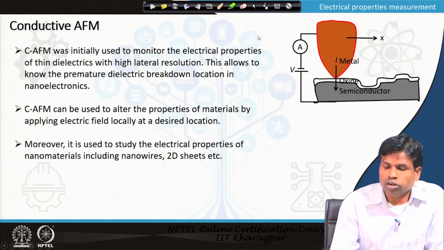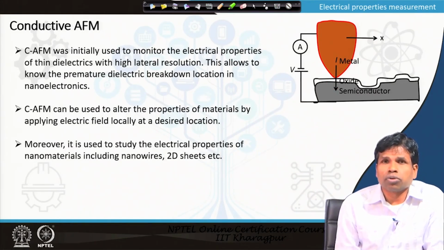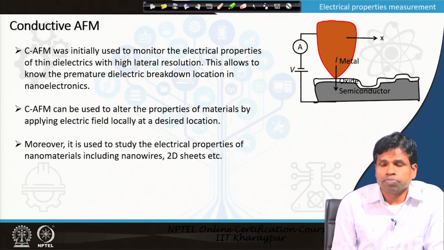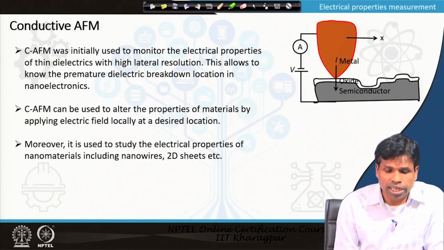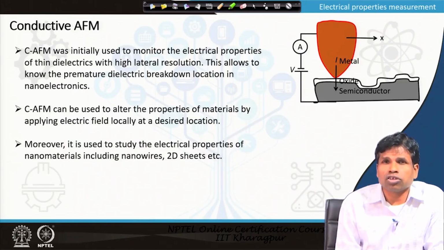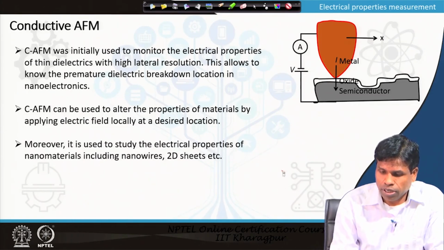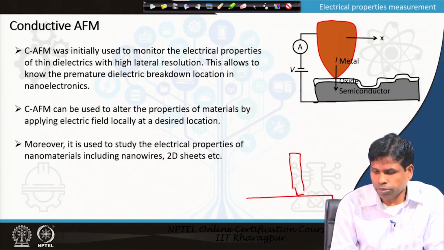And this can also be used for measuring the electrical properties of dielectrics in the semiconductor industry. Dielectric films on the semiconductor surface can be measured by putting the conductive tip on the surface and measuring their current voltage characteristic. And this can also be used for measuring electrical properties of any nanomaterials, including 1D materials, 2D materials. Let us say it is a 1D material, like a pillar or wires on the surface of a material.